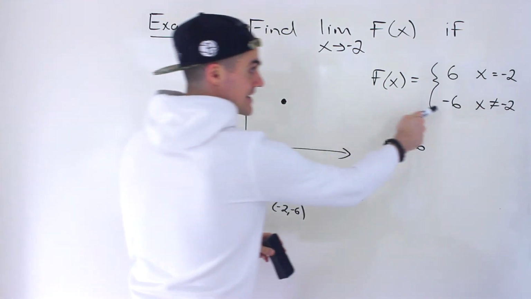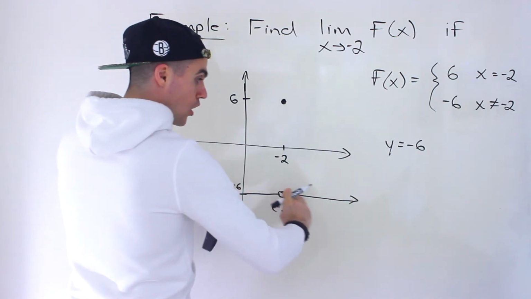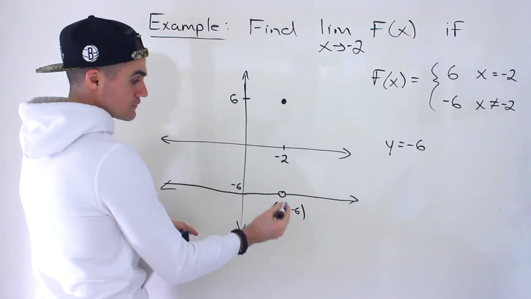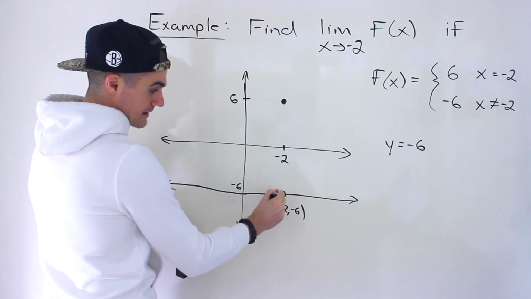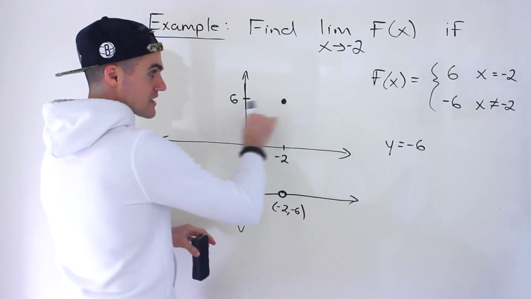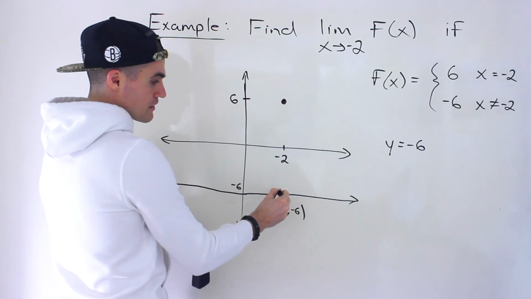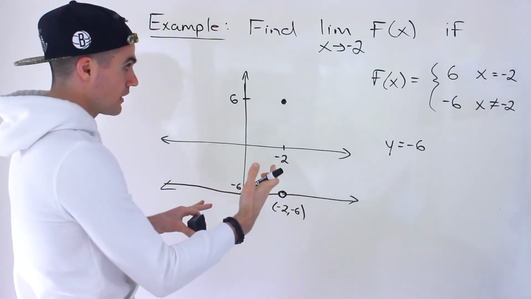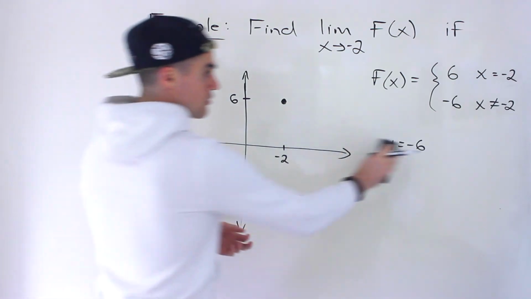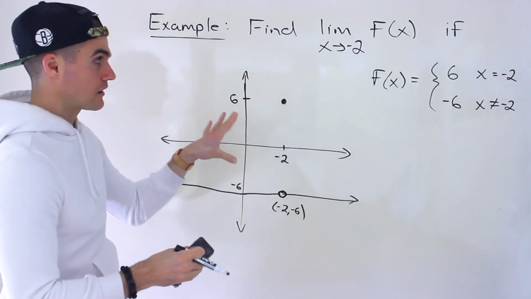And then f of x has a y value of -6 for all other x values when x is not equal to -2, meaning that when x is -2, that has to be a hole right there, in order to pass the vertical line test. Because if this was filled in, then this and this would fail the vertical line test, and this is a function that we're dealing with. Okay, so this piecewise function looks like this.